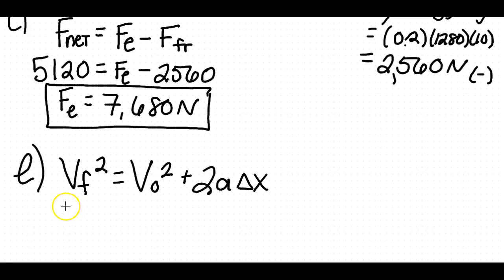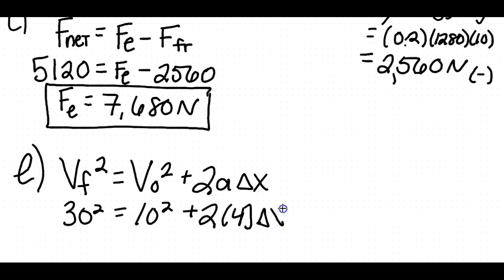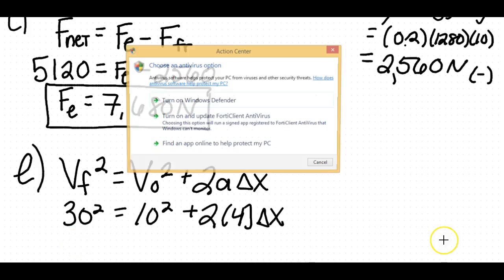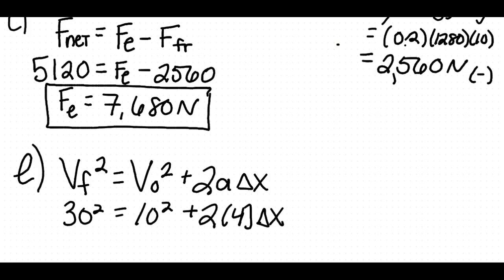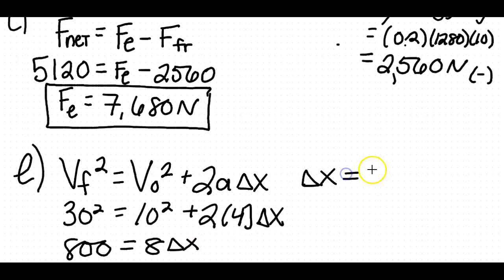So V final squared is 30 squared, V initial squared 10 squared, acceleration 4. And delta x we don't know. So 30 squared, 900, minus 10 squared is 100. So it's 800. 800 is equal to 8x. So that means that delta x is equal to 100 meters.